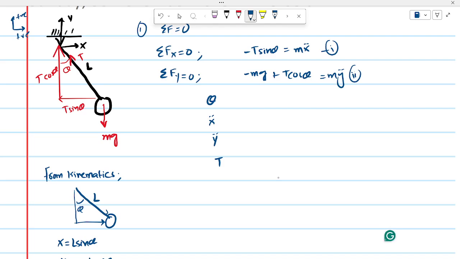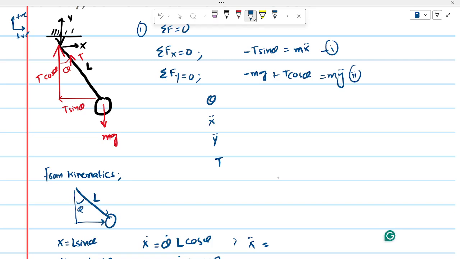Because we don't know x double dot and y double dot, from here x dot equals theta dot L cosine theta, and y dot equals minus theta dot L sine theta.